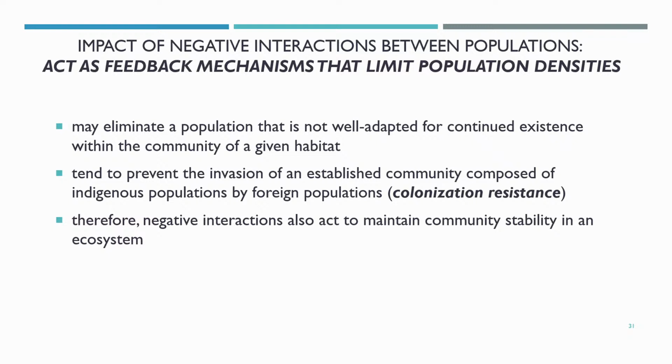That's colonization resistance, and it prevents the invasion of foreign populations by having those indigenous populations there. These negative interactions are important because they maintain community stability in the ecosystem, and they act as a feedback mechanism to limit population densities. So it's good to have negative interactions between populations.